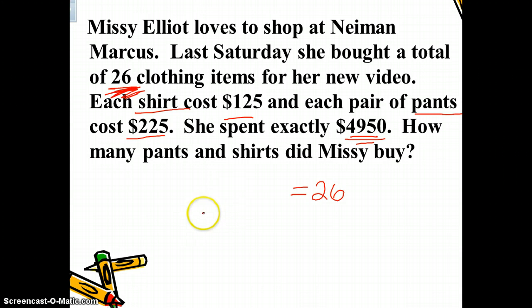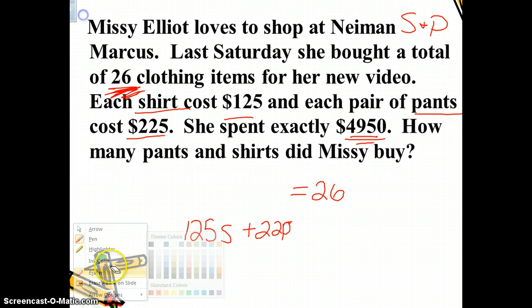Okay, here we go. So each shirt costs $125. So we got S's for shirts and P for pants. Those are my two variables, S's and P's. $125 for shirts plus $225 for pants. Oh shoot, I gotta erase.